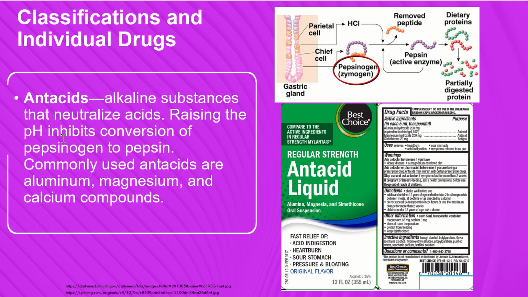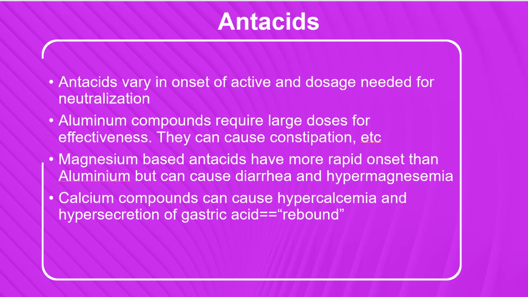Commonly used antacids are aluminum, magnesium, and calcium compounds. I have an image here of one particular brand, and if we look at the active ingredients, we see aluminum hydroxide and magnesium hydroxide as your antacids. Antacids vary in onset of action and dosage needed for neutralization. Aluminum compounds require large doses for effectiveness.